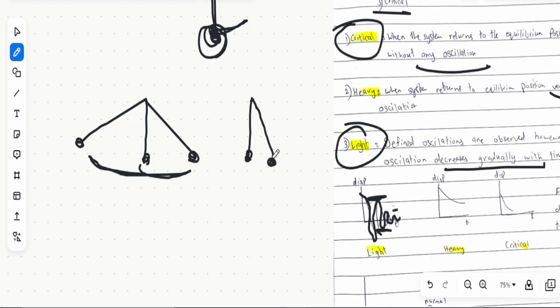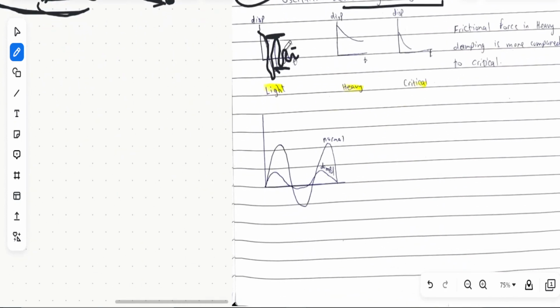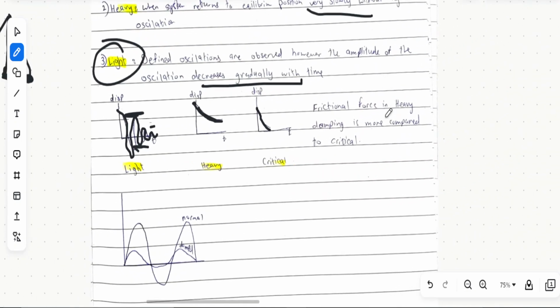So for example, like this, and then like this. So in this case, my amplitude or the maximum height decreased. This is light damping. In heavy damping, something looks like this, and in critical damping, it looks like this. And friction force in heavy damping is more compared to critical damping.